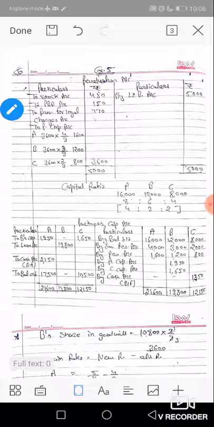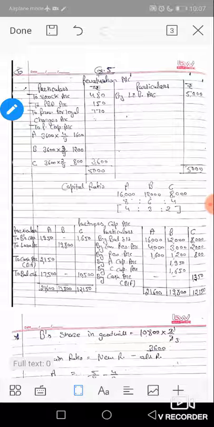Next point is that the goodwill of the entire firm be fixed at 10,800 and B's share of the same be adjusted into the accounts of A and C who are going to share in future in the proportion of 5:3. So this line is totally senseless.